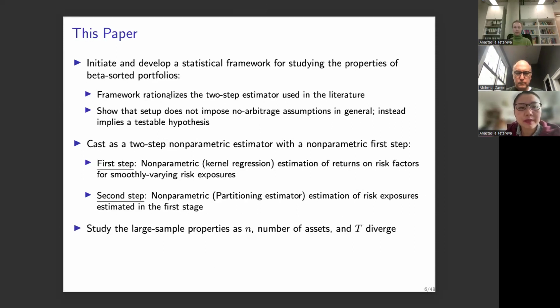So in this paper, we try to initiate and develop a statistical framework for studying the properties of this beta sorting procedure. In summary, we propose an econometric framework to rationalize this two-step estimator used in the literature.